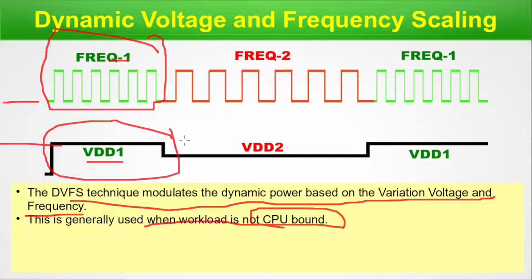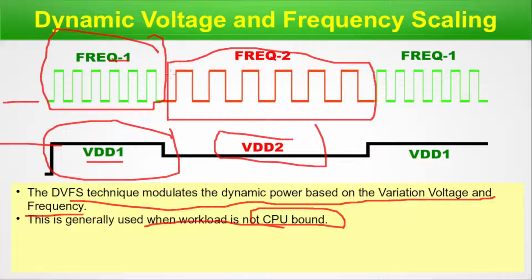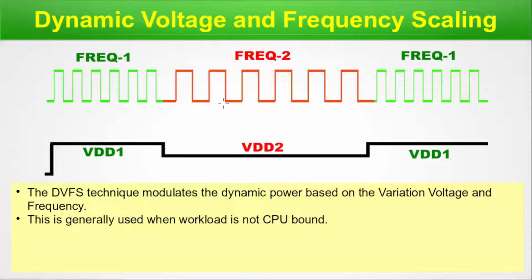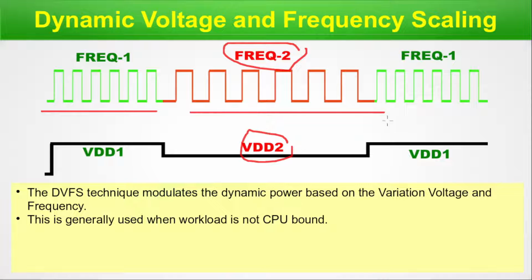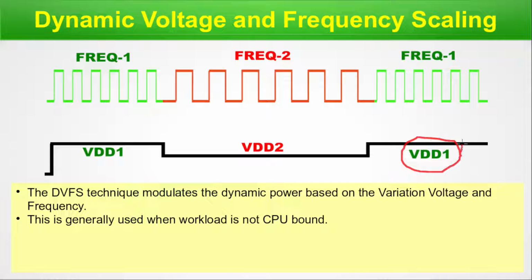Next, at some point we change over to VDD2 and you can see the frequency has changed. By the spacing of the clock cycles, that is, the clock period, you can see it is different for this frequency and this frequency. Here I have kept the convention of red and red together. After a certain time we resume our previous VDD and hence we resume frequency 1.